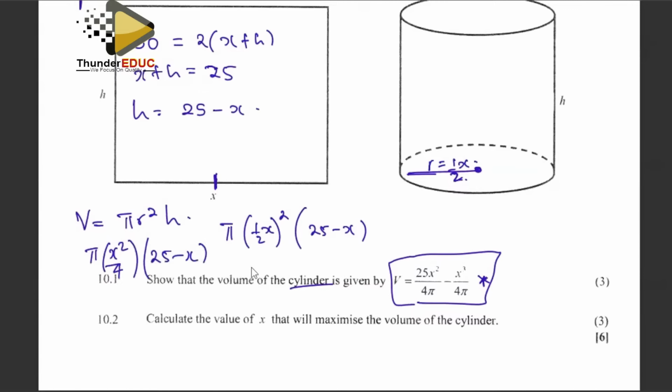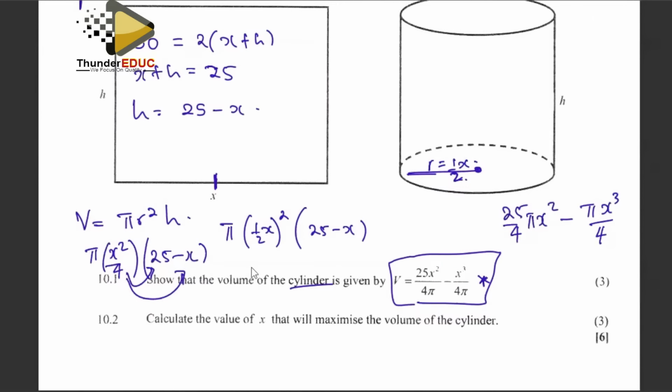Now let's open this up. So this multiplies with this multiplies with that. So this is going to give us 25 over 4 pi, but x squared, minus x squared, and x is going to give us x cubed. So it's going to be pi x cubed over 4.